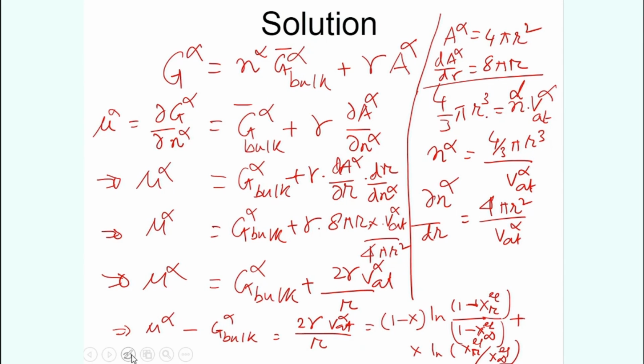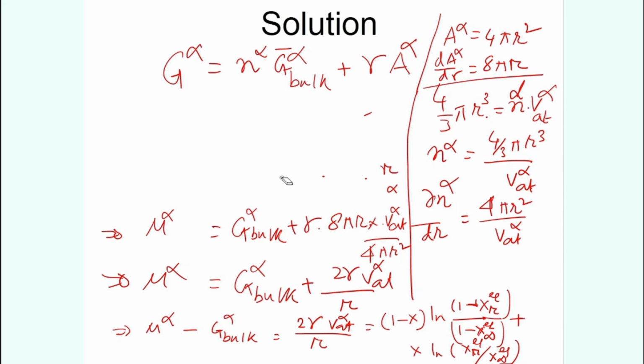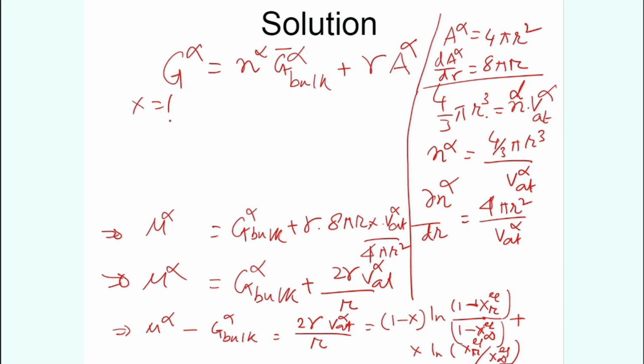Now, if you simply consider x to be 1, a single phase, then the mathematics will be very simple. Why x to be 1? Because x equal to 1 means pure, right. So when x becomes 1, this becomes twice gamma V atomic alpha divided by r.